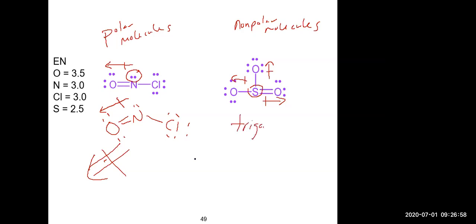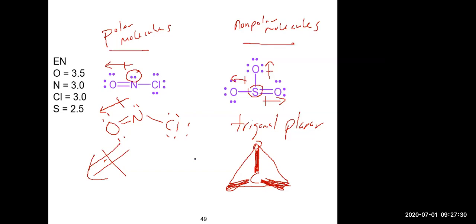That's your trigonal planar geometry, which means, let's draw it roughly, it's going to set up that triangle type of thing where this one is pulling this way, this one is pulling this way, and this one is pulling this way. And as I was just mentioning in that previous example, they're all going to be pulling equal and opposite of each other, which means this one also, like we predicted, should be a nonpolar molecule.